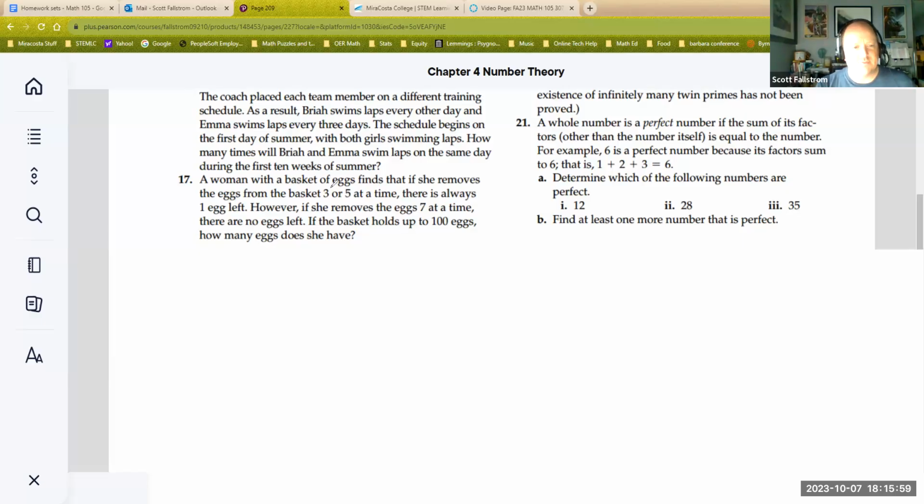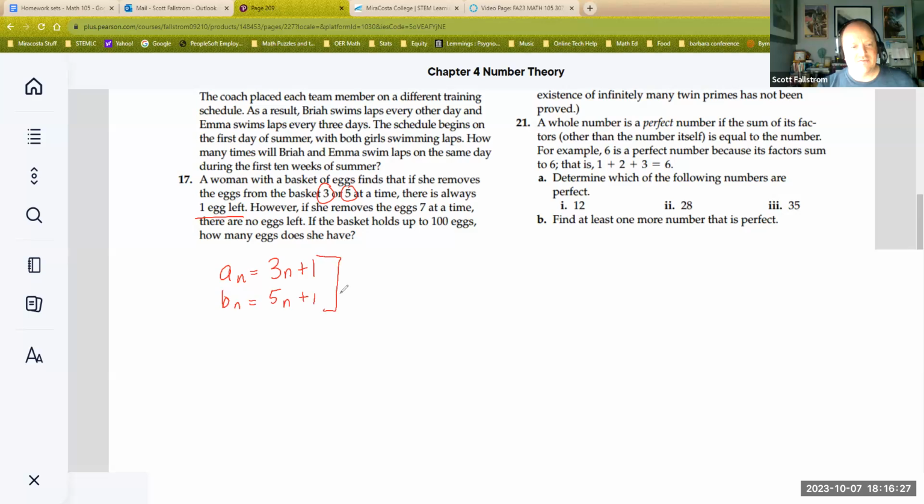First off, if she pulls them out 3 or 5 at a time, there's always 1 egg left. So that means our sequence is not a multiple of 3 or 5 because there's always a remainder. So that means our sequence has to look something like this, the possible number of eggs, 3n plus 1. So we could have a sequence that looks like that, and a second sequence, because also when she pulls them out 5 at a time, there's 1 egg left.